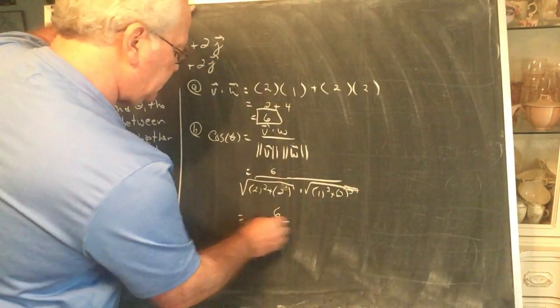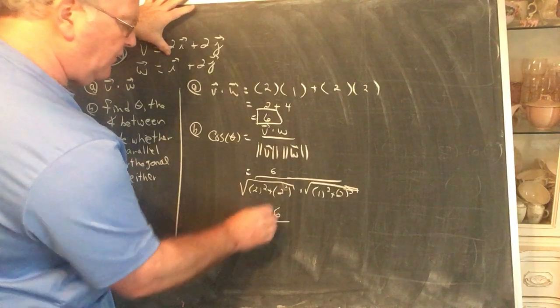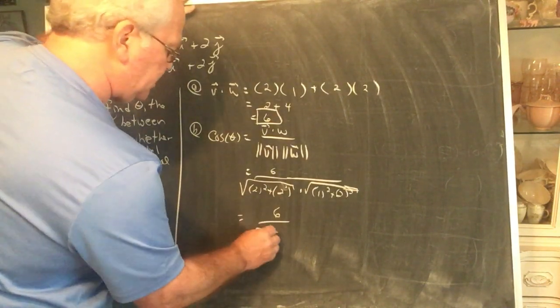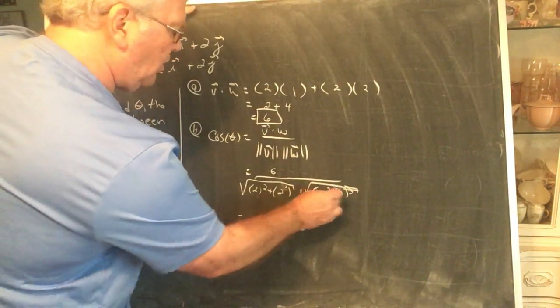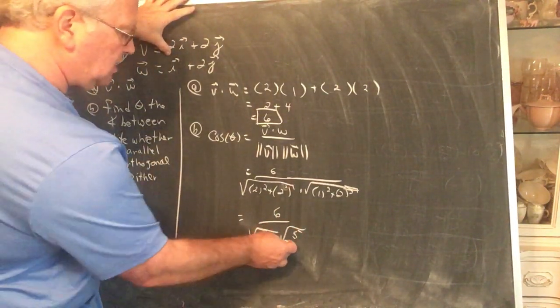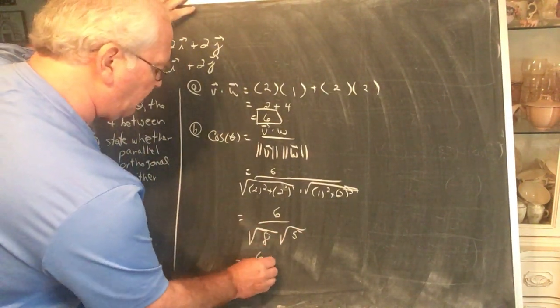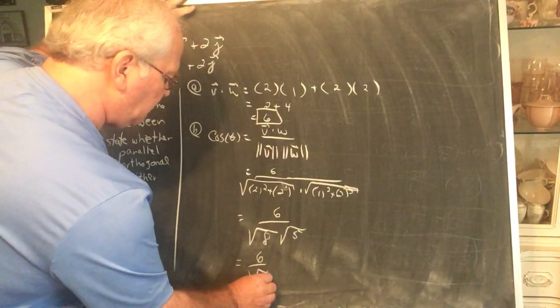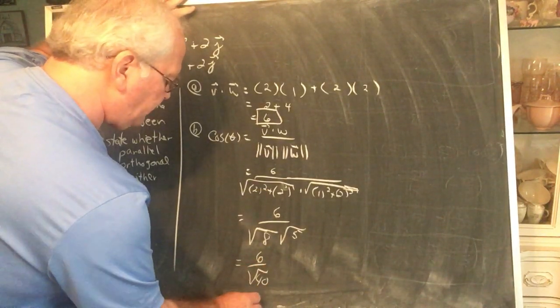So we have 6 over the square root of 4 plus 4, which is 8, and the square root of 1 plus 4 is 5. Remember our rule, the product of the square roots is the square root of the product. That actually makes it a little more convenient to compute.